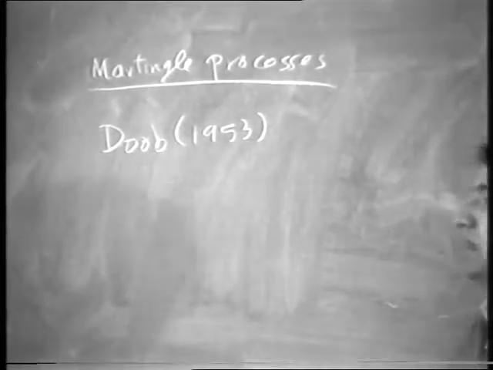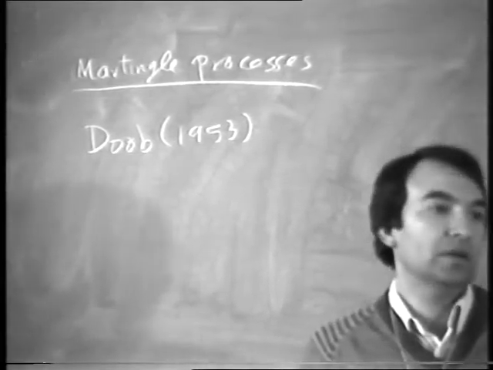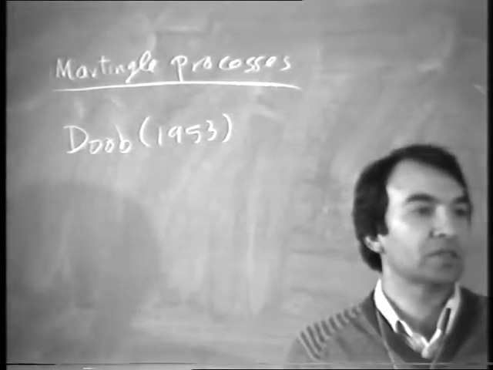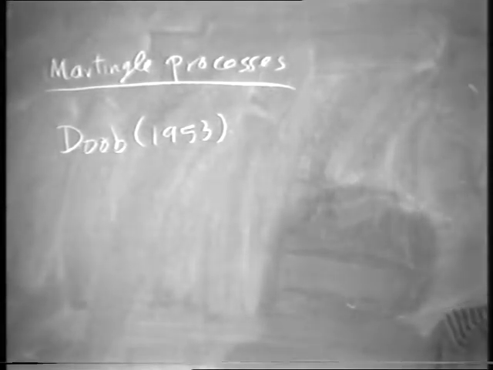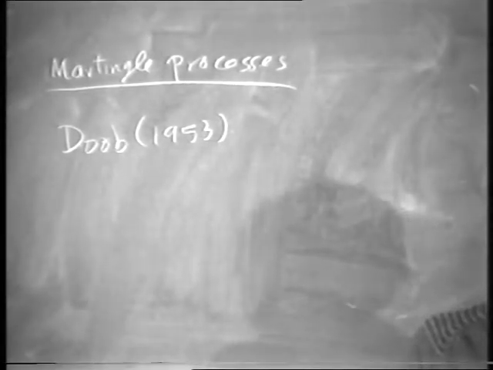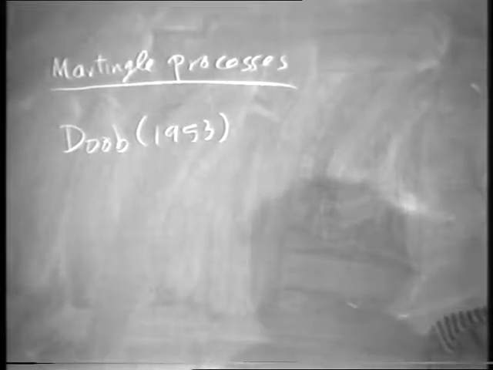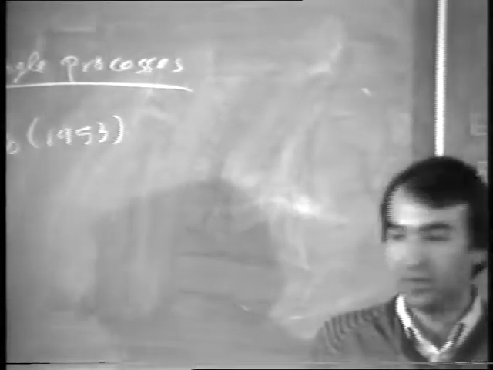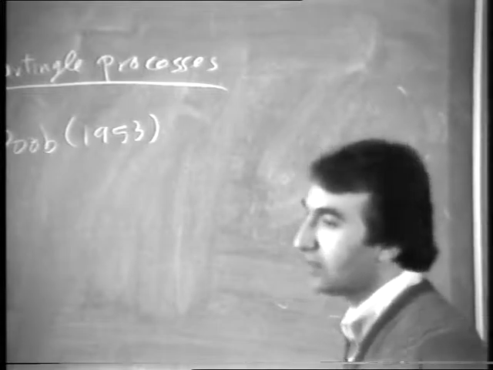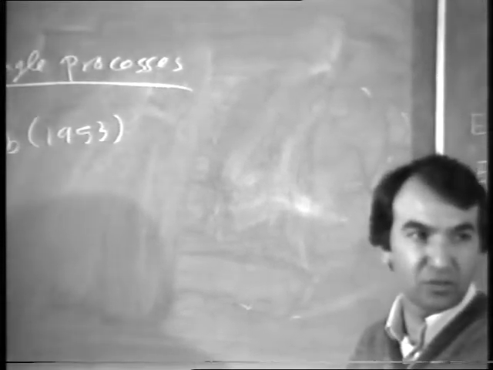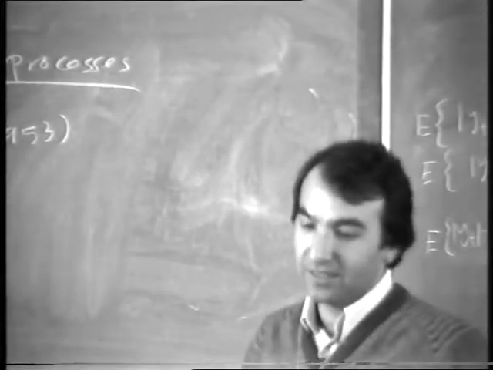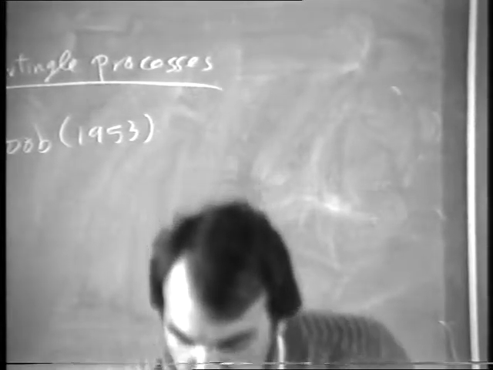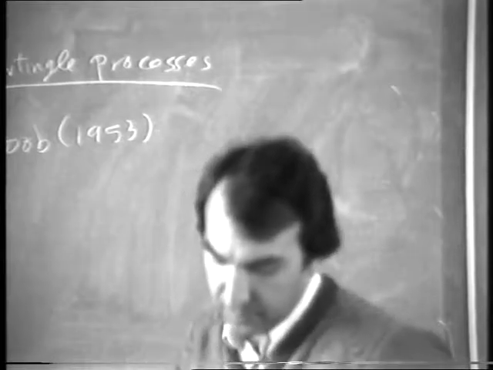And there is a very good book which involves the application of martingale theory to the central limit theorem and law of large numbers by Peter Hall and Heyde, who are members of this department. I recommend it, but it may be very difficult to follow. I'm not going to use all of it. I just write down the properties which turn out to be important.